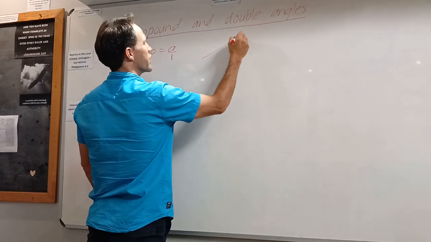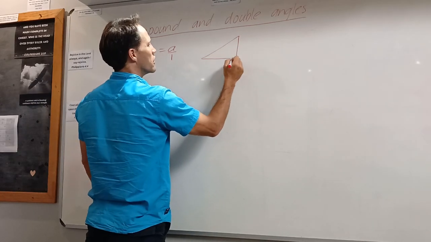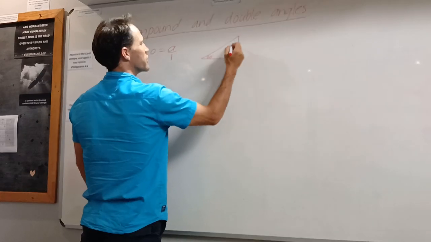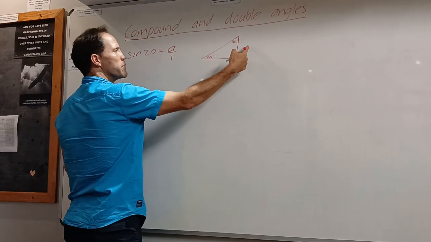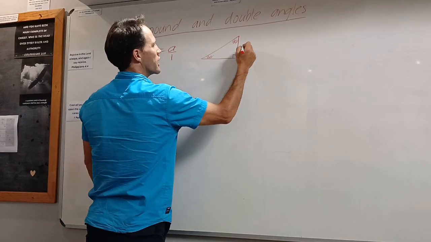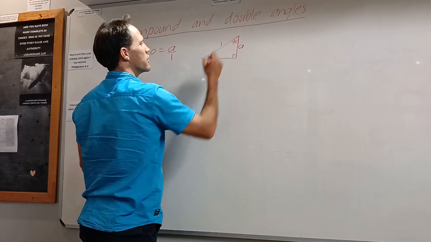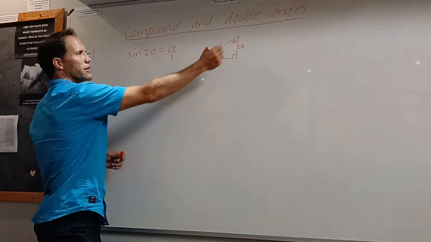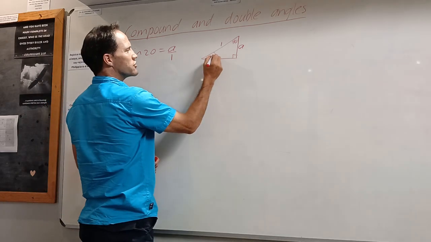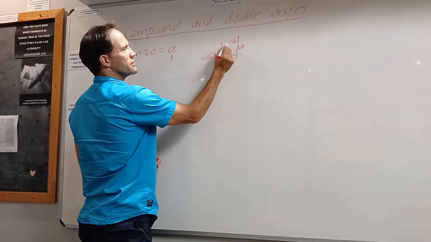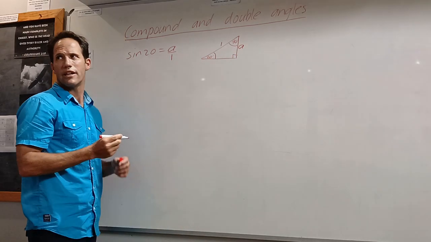So when I look at the triangle now, I can say it's 20 degrees over there, 70 degrees over there, and then opposite over hypotenuse is A over 1. Okay, so we just make a little triangle. There's the 20 degrees, there's my 70 degrees.